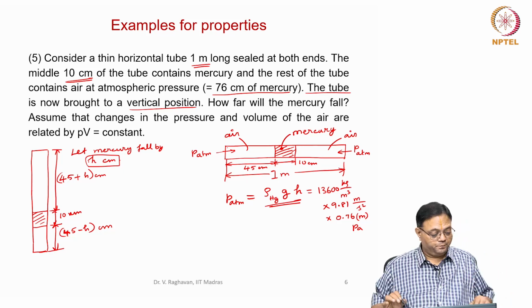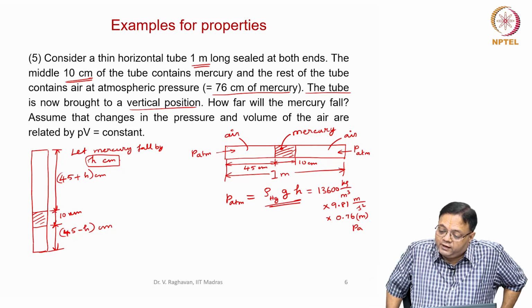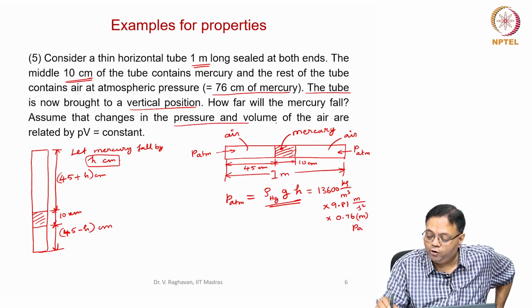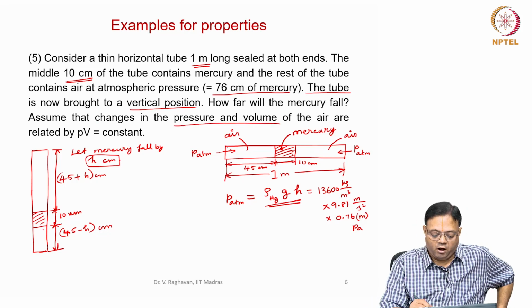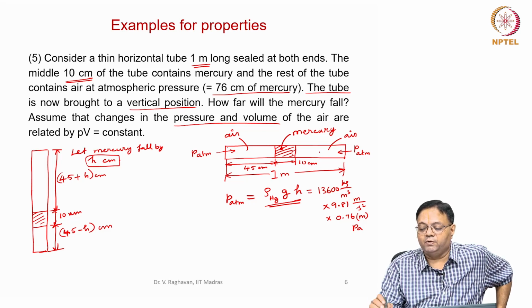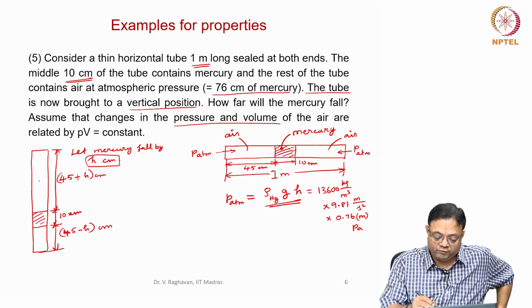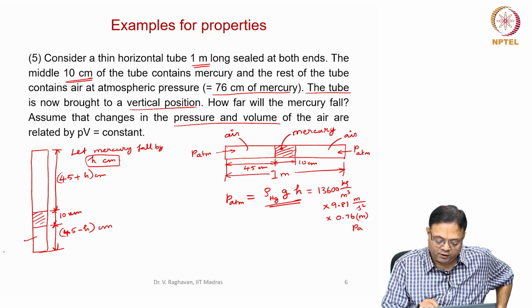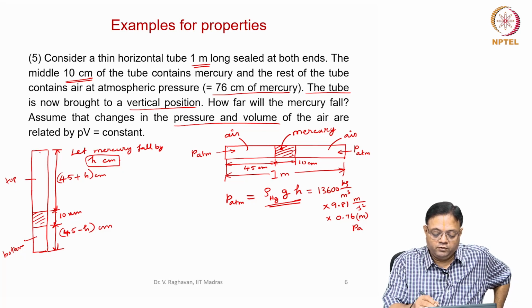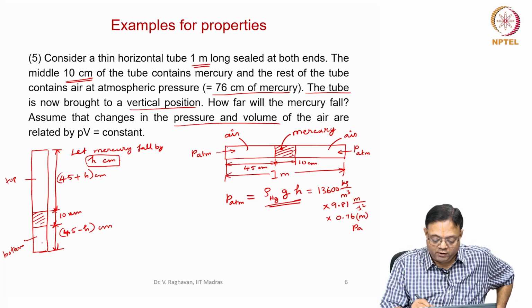Now further it is given that we assume changes in pressure and volume for the air. Initially air is at atmospheric pressure. Now when the mercury compresses the air, let us say this is the bottom part and this is the top part. The top part has an increase in volume, the bottom part a decrease in volume.